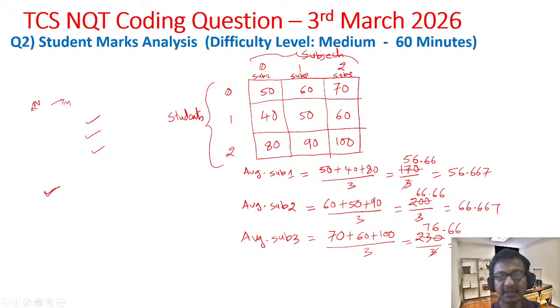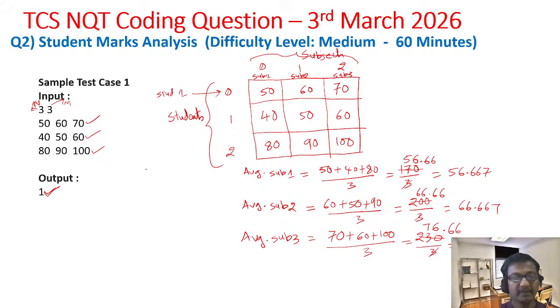So what next? Now we need to decide whether student 1 has passed or not. Row 0 represents student 1.